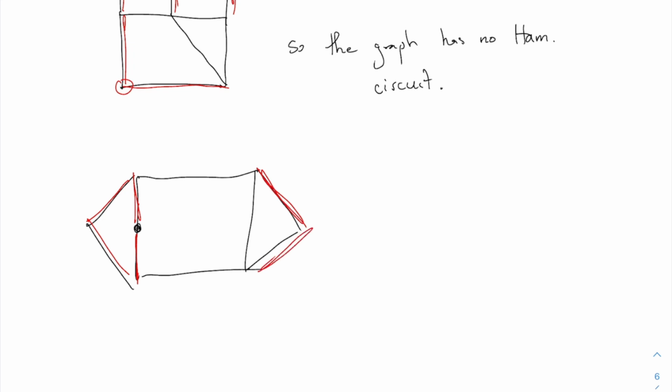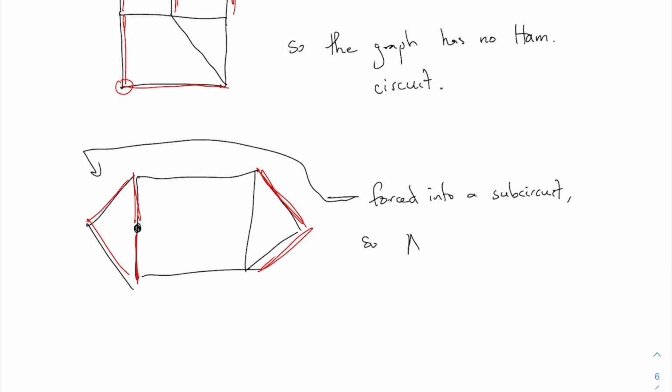Although this one, I immediately made a subcircuit, which is also illegal. And so this one also has no Hamilton circuit, because here we're forced, really it's over here, right? Forced into a subcircuit. So no Hamilton circuit.